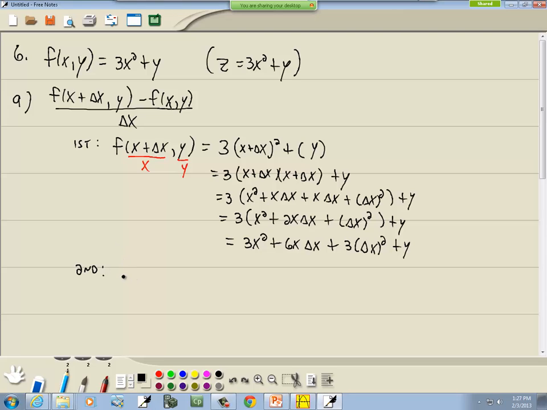So our formula says that we want to find this: f of x plus delta x, y minus f of x y, over delta x.